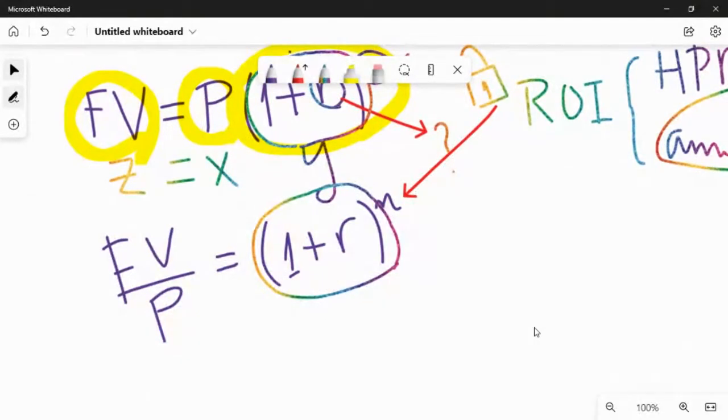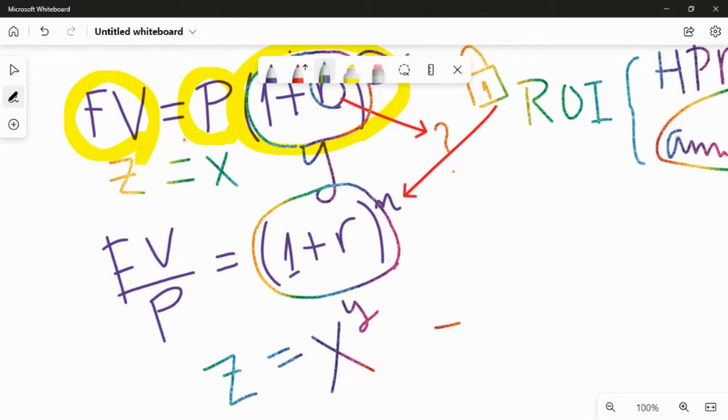But now it is what? It's not z equals x times y now, it's like z equals x raised to y structure, right? It's x raised to the y structure.